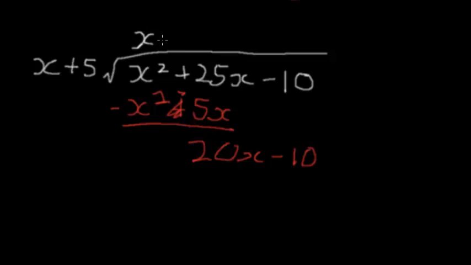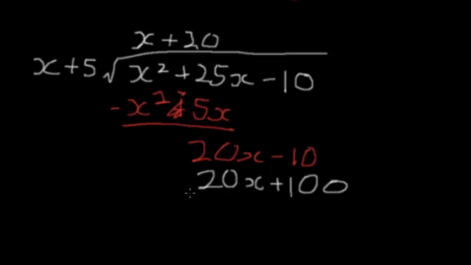Have this become plus 20 times this, so 20x, yes, because plus 20 times 5, which is 100, and so minus, this one turns into minus, and so my negative 10 minus 100 is negative 110, and that is our remainder.